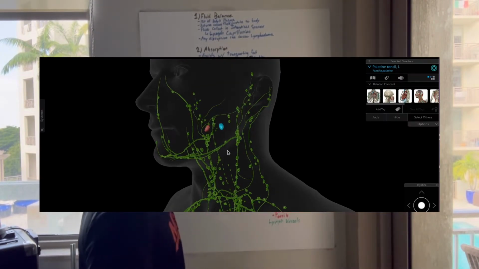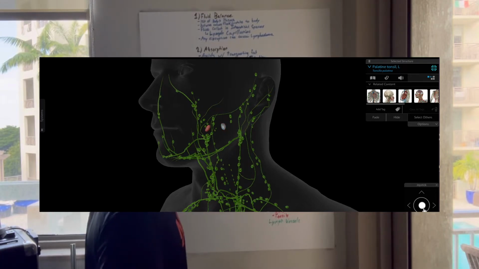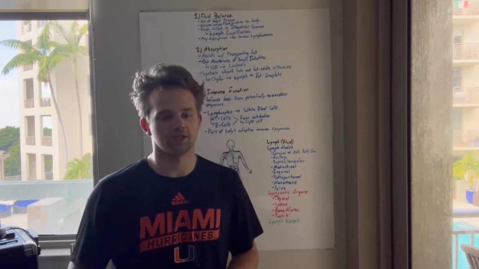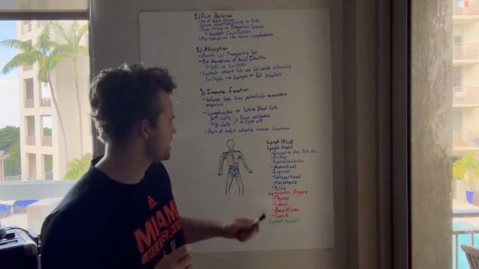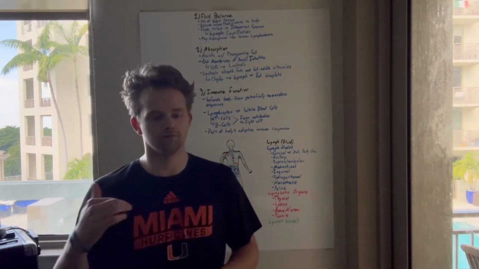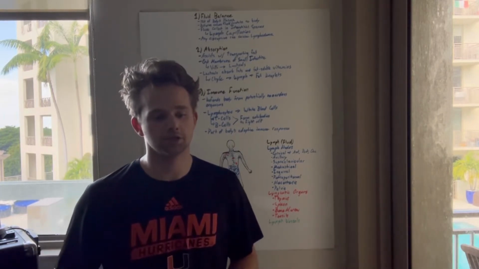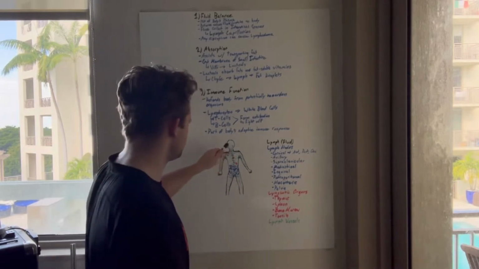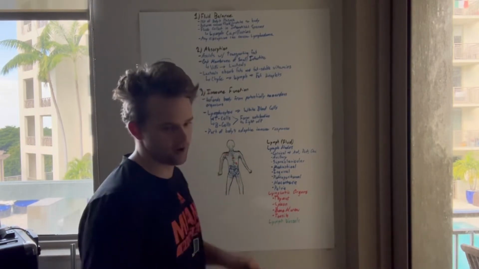As you can see right here, they're located primarily in the mouth region. Now, the tonsils produce lymphocytes and antibodies that help protect against inhaled and swallowed foreign bodies. There are three main types of tonsils: the pharyngeal tonsils, which are near the opening of the nasal cavity near the pharynx.